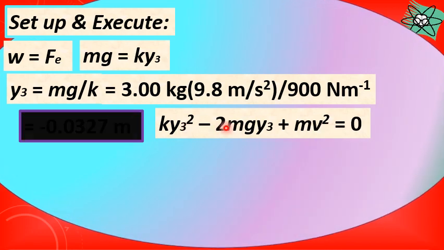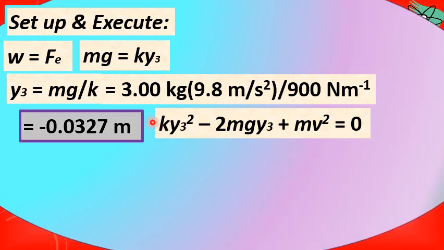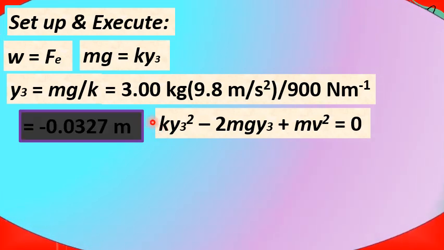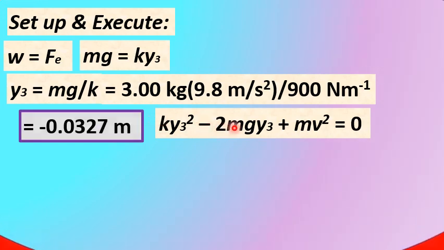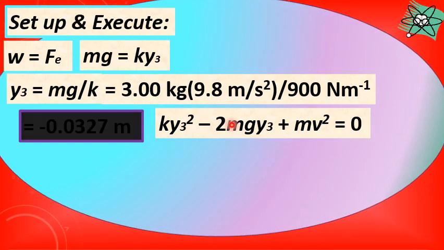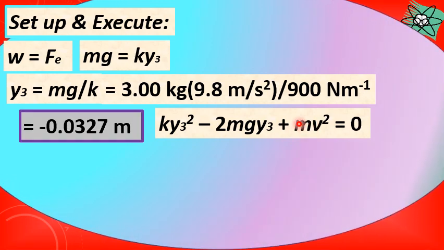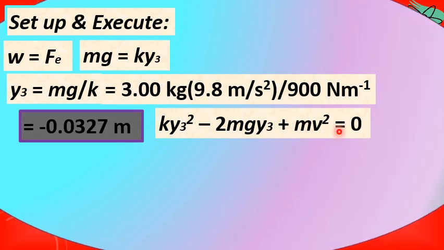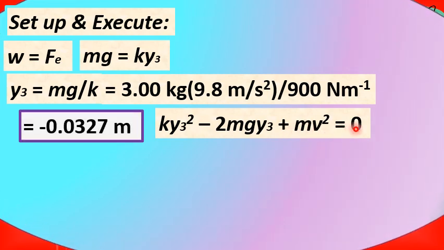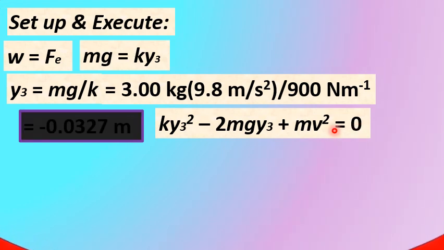That's how we got this. 1 half is multiplied by 2, so it becomes 1. And for mg y sub 3, it has now a numerical coefficient of 2. 1 half of mv squared has also been cancelled. And of course, that's still equal to 0 in accordance with the law of conservation of energy.